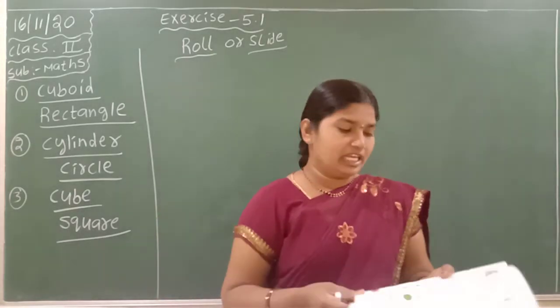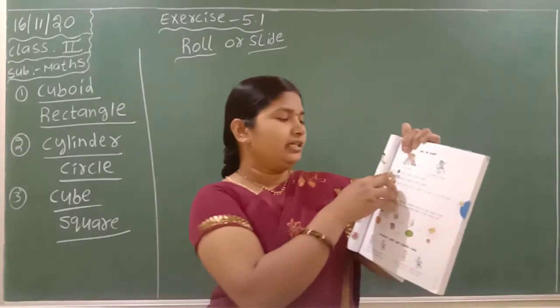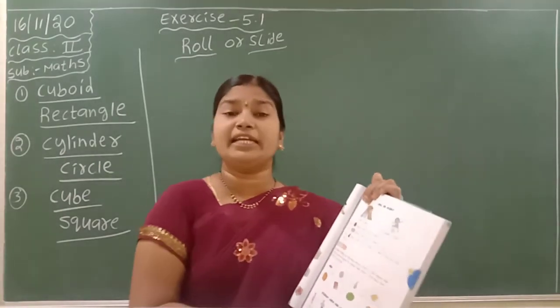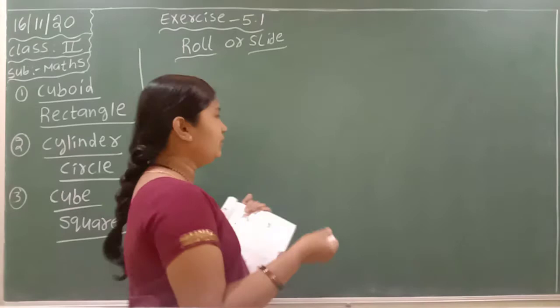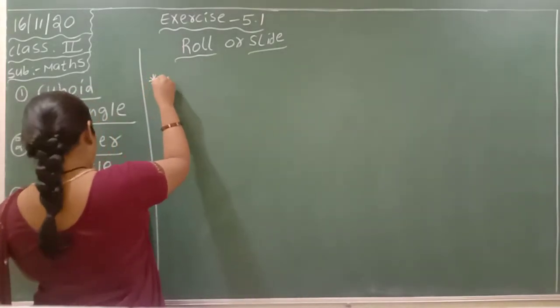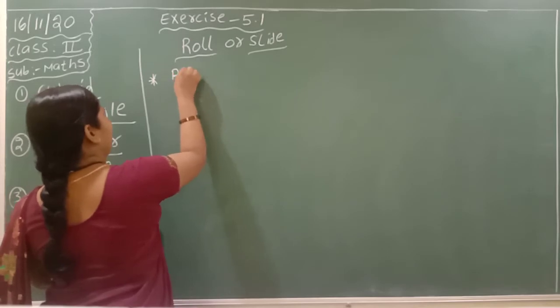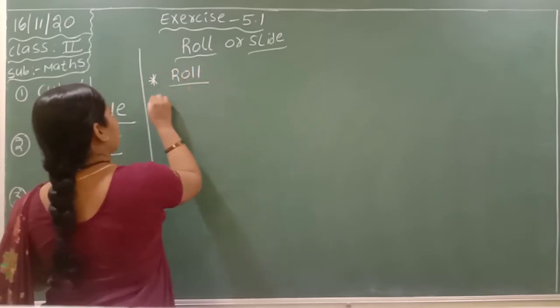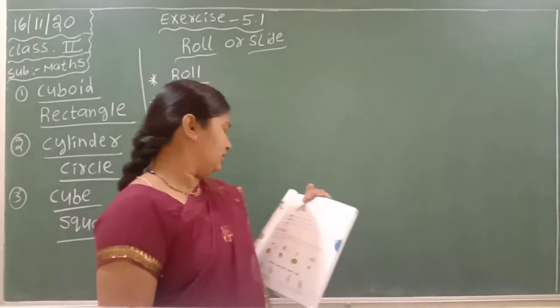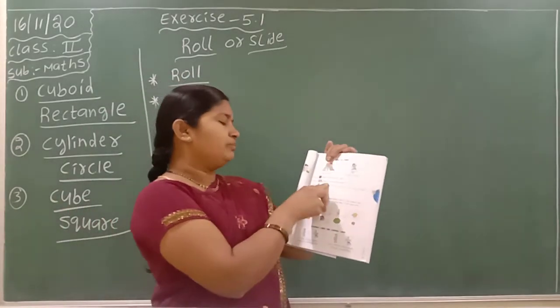Here, they have given, see here. Take a ball, push it. Does it roll or slide? What will the ball do? The ball will roll. First, we have to write the roll spelling. Say along with me, roll spelling, children. R-O-L-L, roll. And take a box, push it.